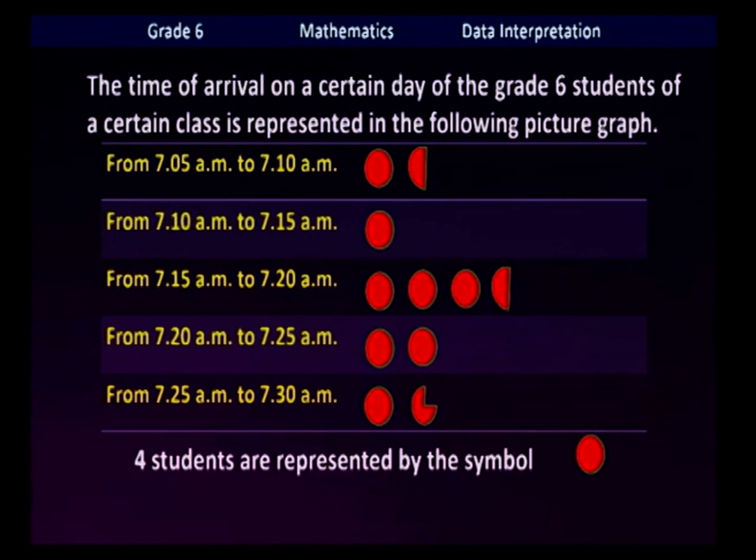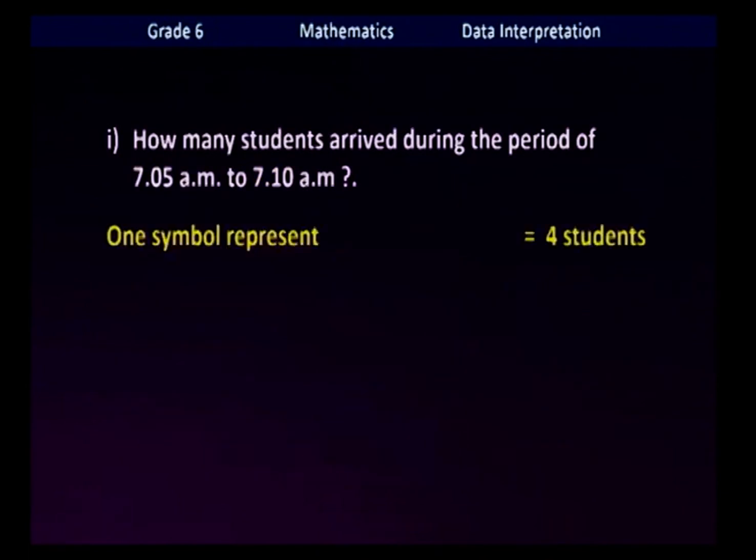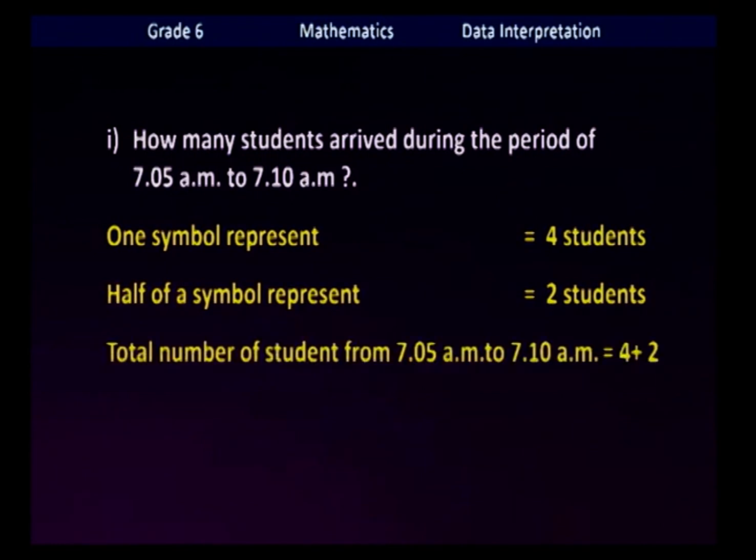Then we have to take the total of this. One symbol represents 4 students. Half of a symbol represents 2 students. Then we have to add those to get the answer. That is 6. Very good. 4 plus 2 is 6.